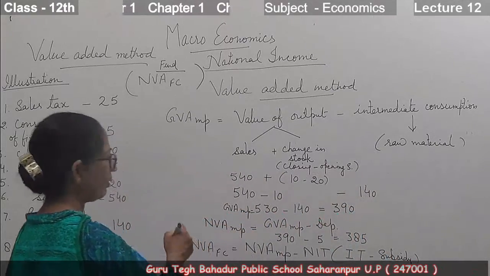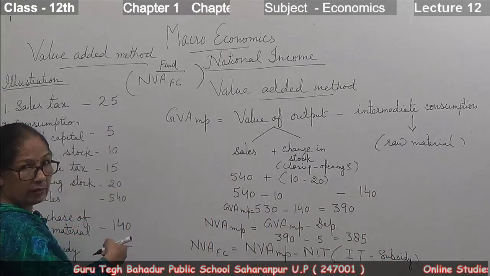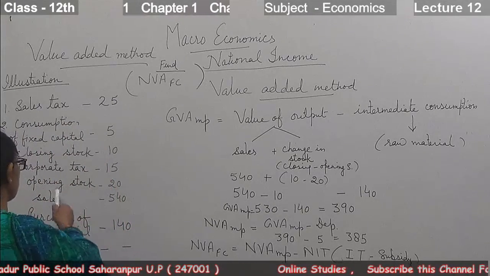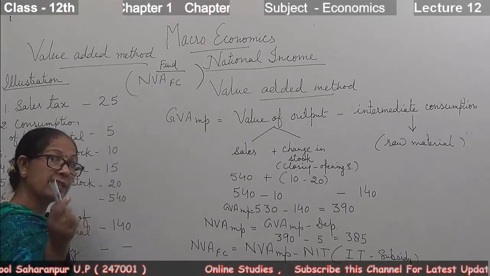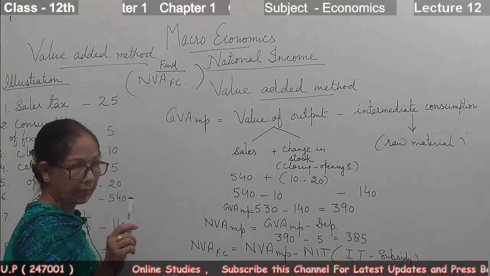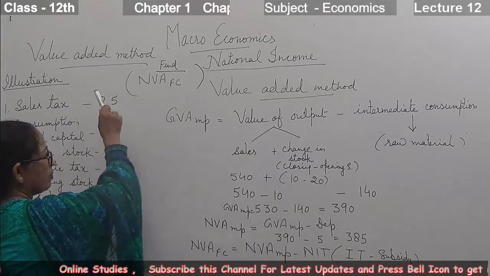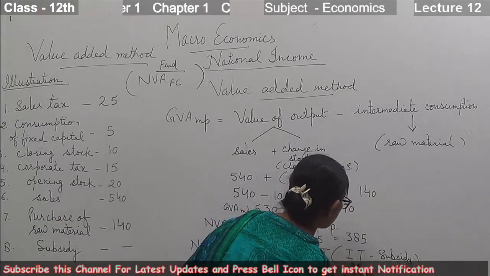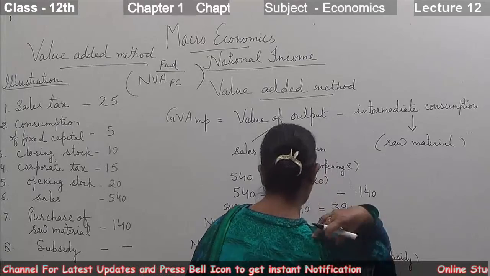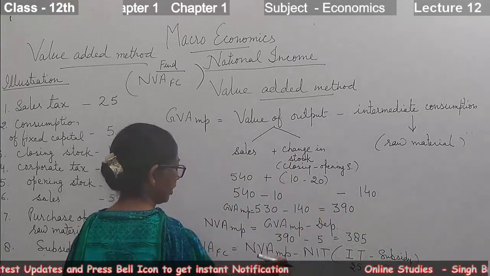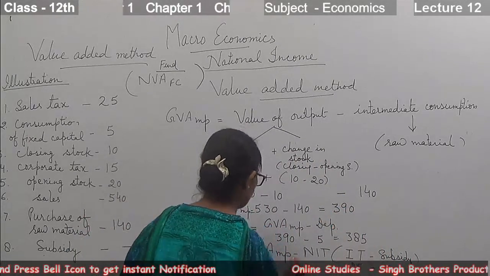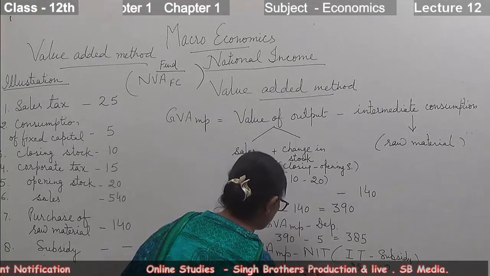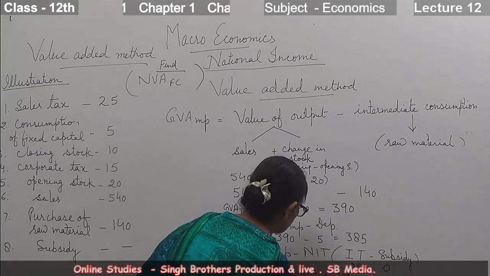Now we have to see which is indirect tax in this question. Sale tax is indirect tax. One more tax is given here, corporate tax, but it is direct tax. We are not to take it. We have to take sale tax because it is indirect tax, that is 25. And subsidy is not given, that is 0. So NVA-MP हमने यहाँ पर फाइंड आउट किया था 385 minus 25, that is 360 answer.